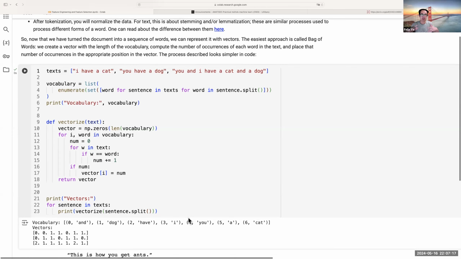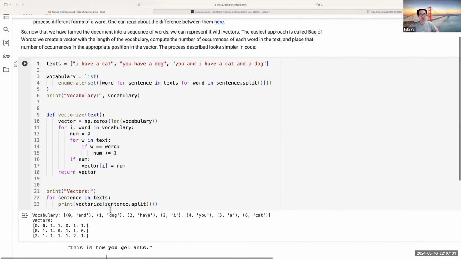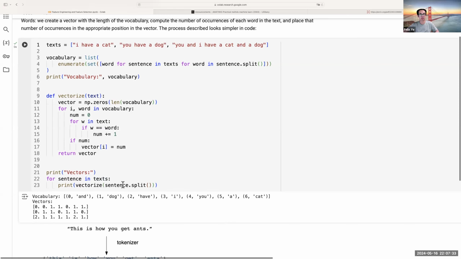Basically this is my mini dictionary, a mapping from index to word. Then for each sentence, I do this kind of mapping. For I have a cat, I shows up once, have once, a once, cat once, so we have created a vector that has 4 ones in this vocabulary.